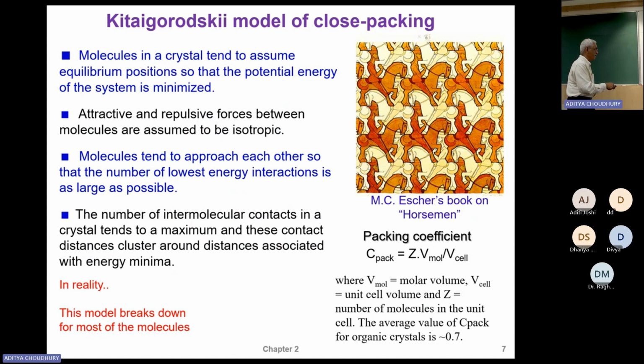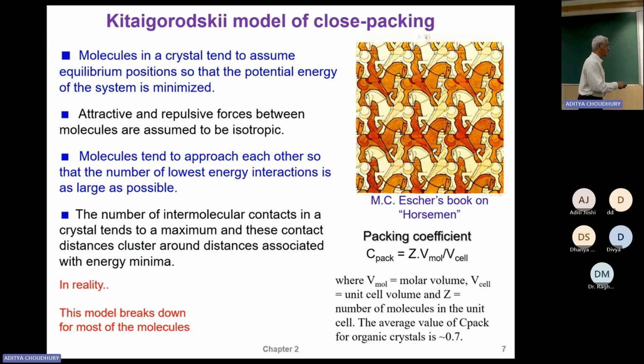The efficiency of packing here is the molar volume: the volume of each molecule times the number of molecules in the unit cell, divided by the volume of the unit cell. In the unit cell, you have a certain number of molecules, but they are not arranged in a close packed manner, and there will always be some void.